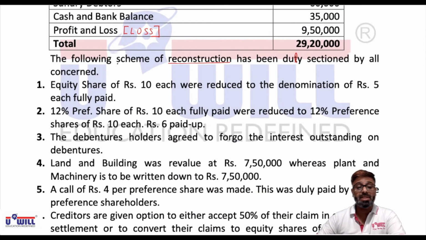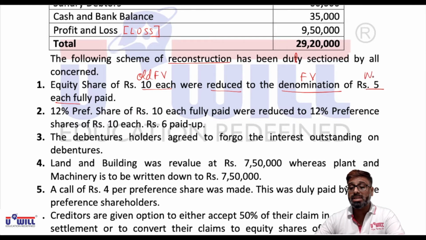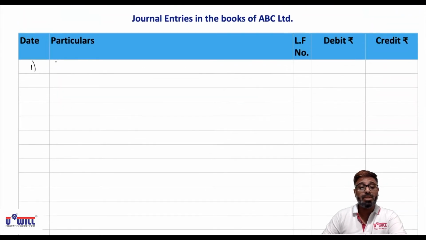Now look at the first adjustment. Equity shares of rupees 10 each were reduced to the denomination, meaning face value, of rupees 5 each, fully paid up. So old face value is 10 and they are reduced to the denomination, meaning new face value is 5. Face value is being changed. So what entry will we pass if face value is changed?